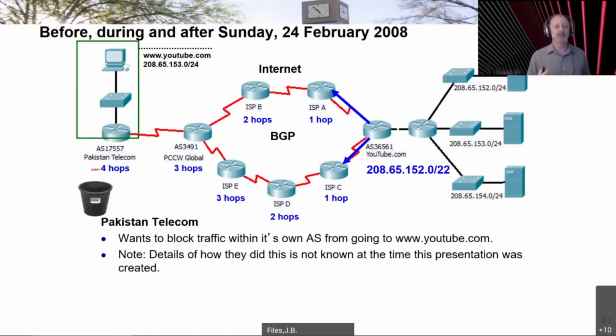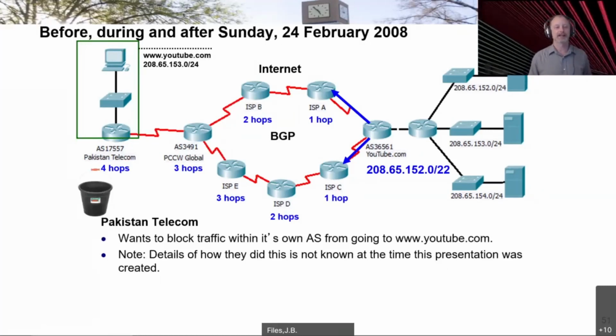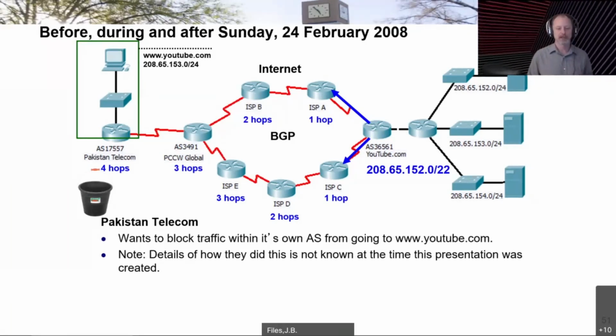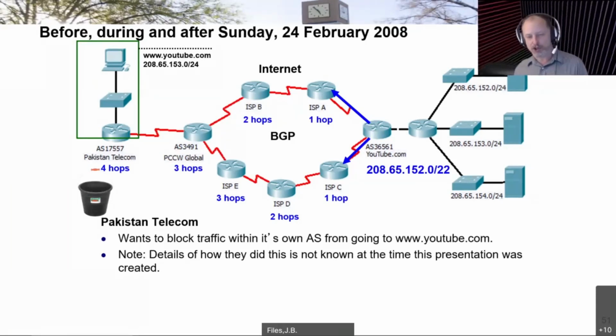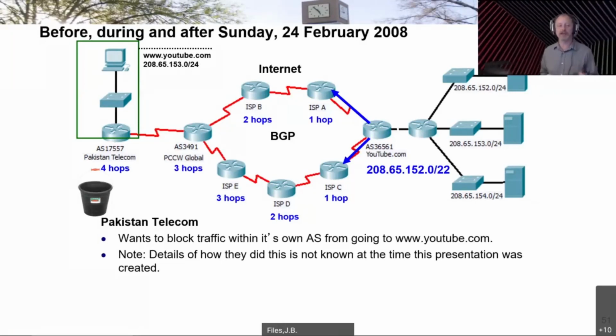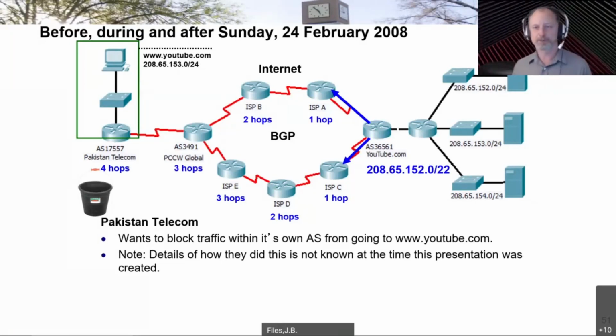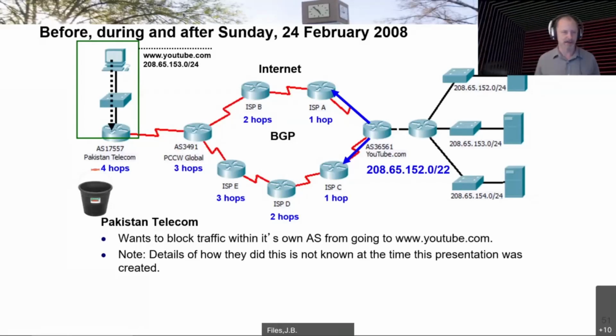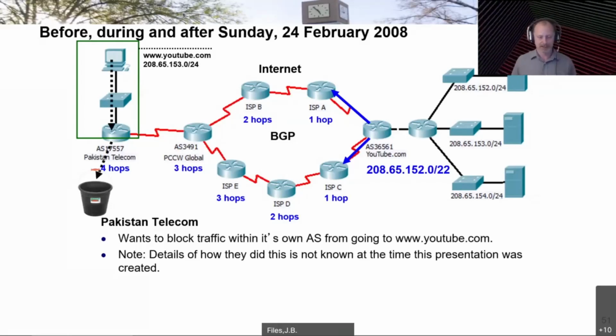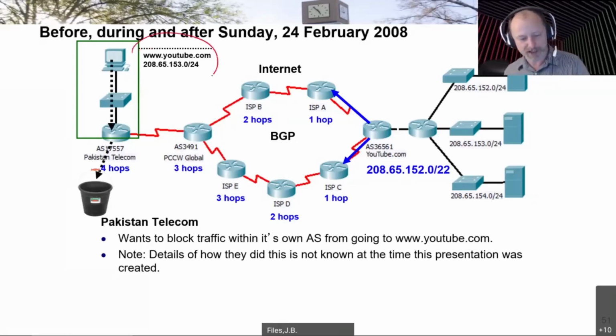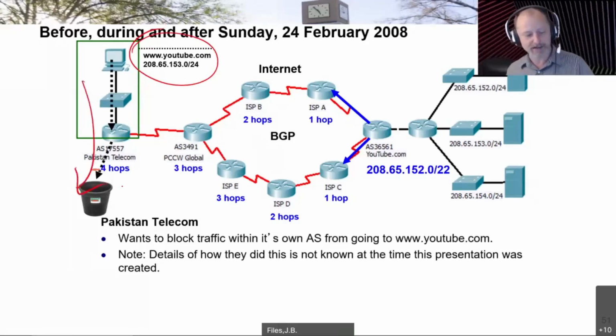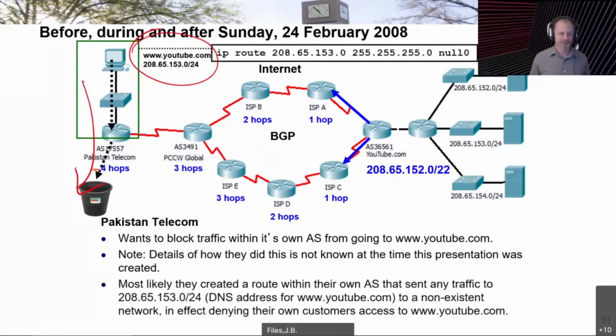And so it's going to block traffic from inside of its autonomous system from going to YouTube. We're not totally sure exactly the technicalities of how they did this, but we can see the effects of this because they essentially want that to get black holed, okay?